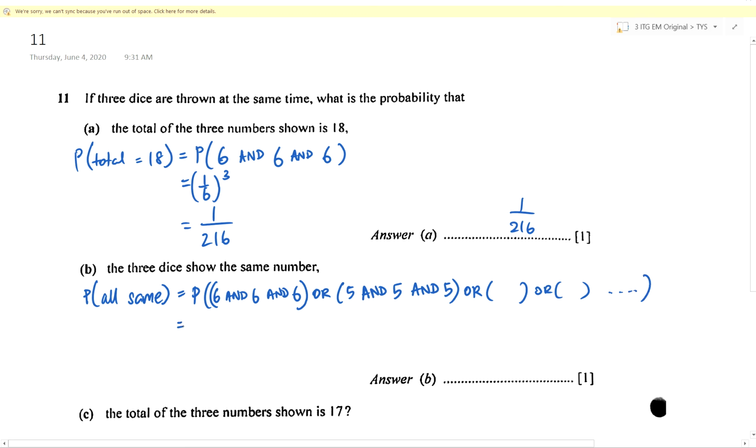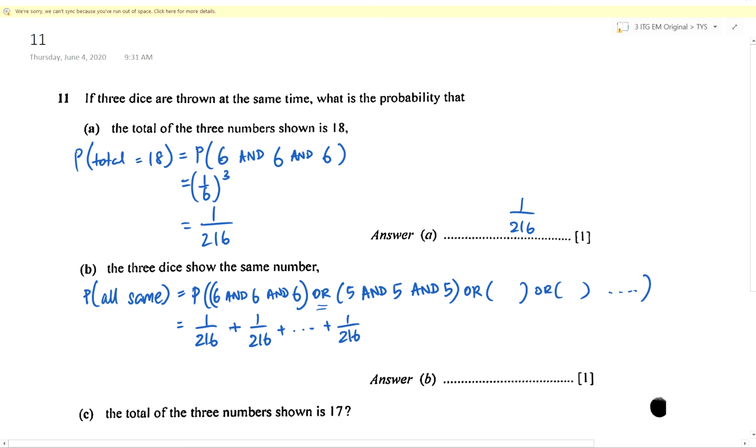Now, probability of 666 is 1 over 216. We found that out already in part A. Now there's a word or over here, so we need to add. What is the probability of 555? It's again going to be 1 over 216. Okay? So 1 over 216. How many times are we going to add over here?